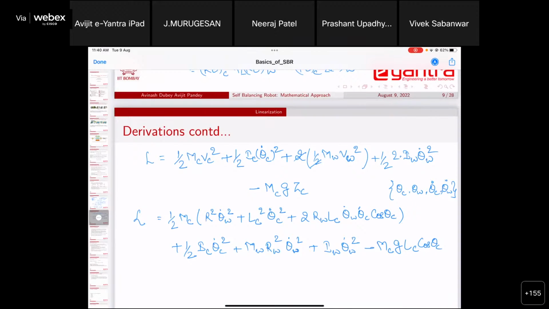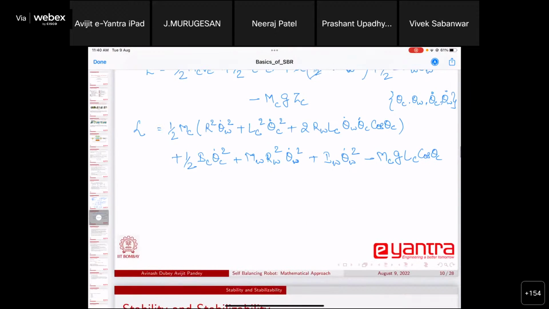Fine. Now this expression of the Lagrangian is written as a function of your state variables. Correct? Now, if you remember, what you need to do is find the Euler Lagrange equation. For that, you need partial derivatives with respect to all the state variables.